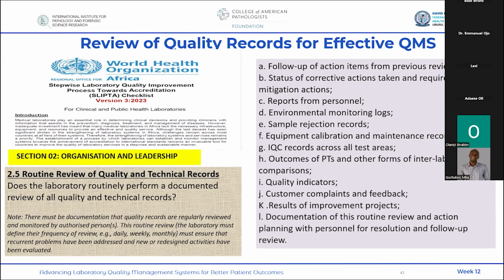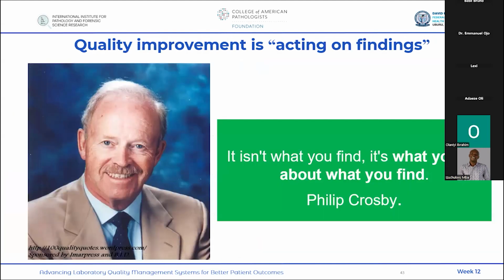And section 2.5 talks about routine review of quality and technical records. So this is a checklist that helps you to monitor the effectiveness of quality management system. By the time you look at previous review, report from personnel, review of environmental logs, it will help you to know whether you are conforming to the requirements of the standard or not.